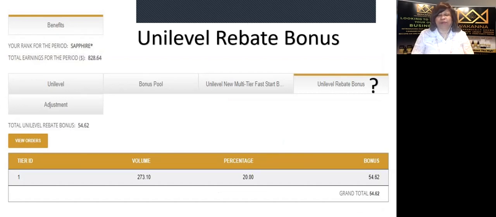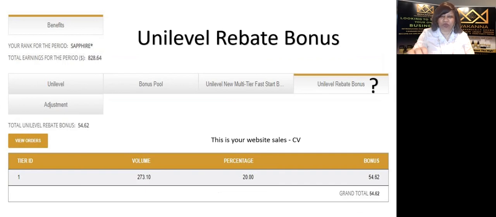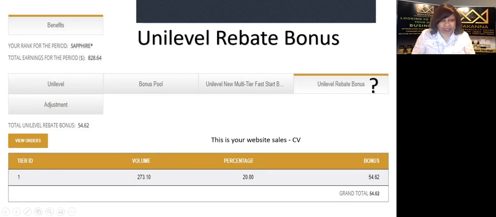On to Unilevel rebate bonus. This was a strange name to me, but Unilevel rebate bonus is your personal website. In this example, the person made $54.62. So what did they do? They had 273 CV on their website, and so they were paid 20%.